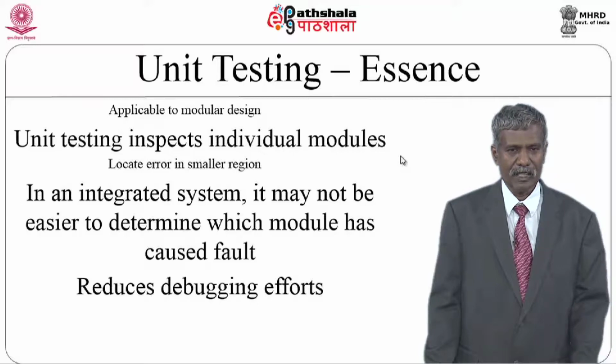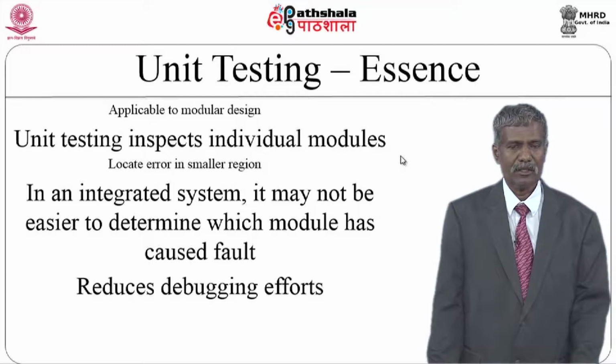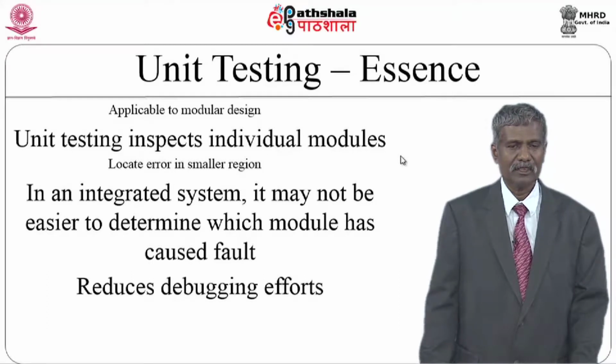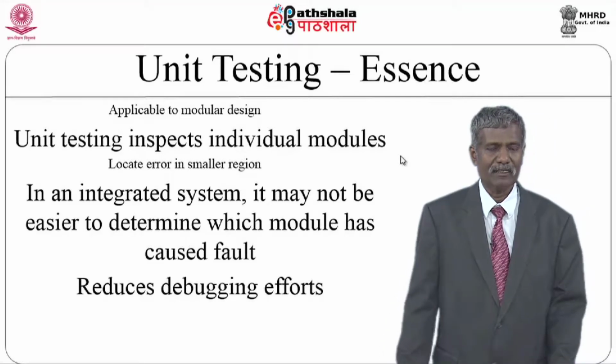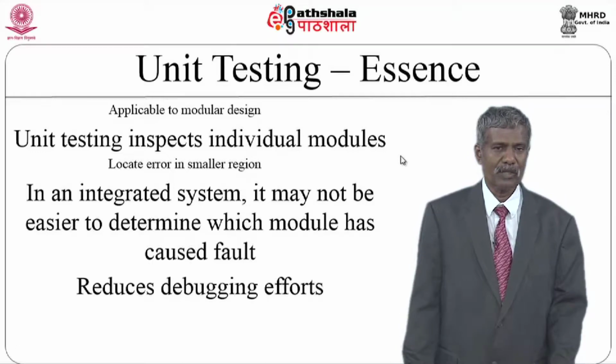With individual module testing or unit testing, we can locate the error in a small region. Assume that your program consists of around 10,000 lines of code, but the error is available in 2-3 lines. You have to find out where the error is coming from. For that purpose, first you do the testing.